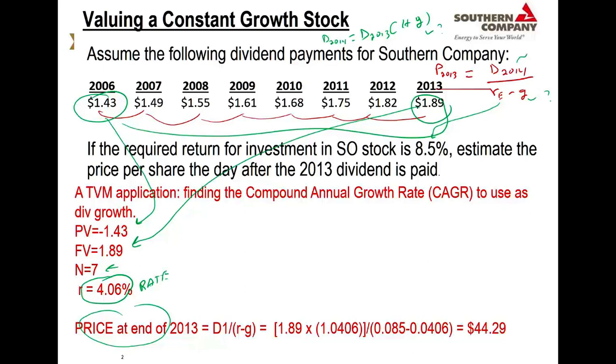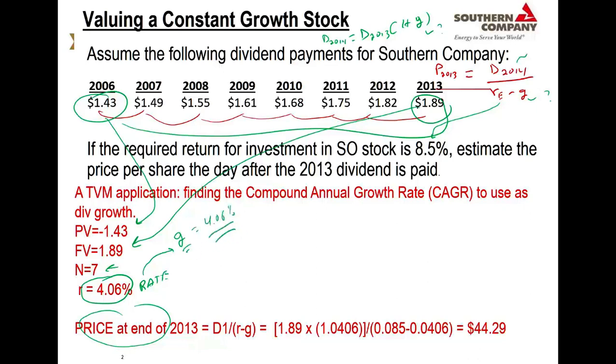So we just found our G. Though we're using the rate function, we're really finding the rate of growth of these numbers. So our G is 4.06%.